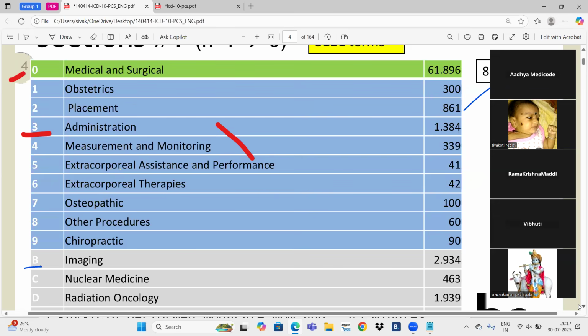So here, first they say 0, medical and surgical.